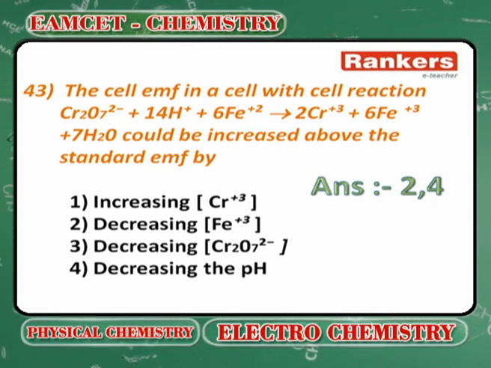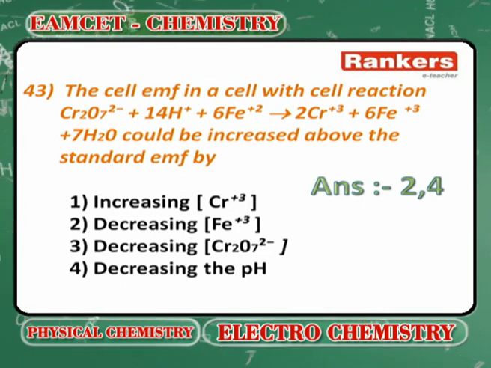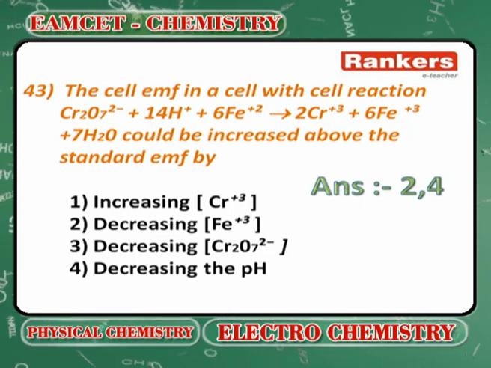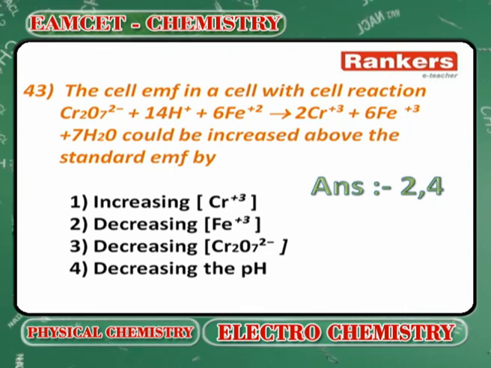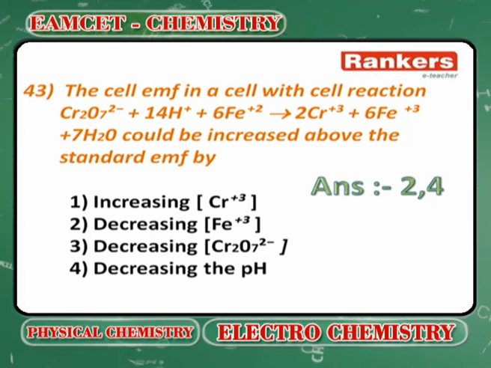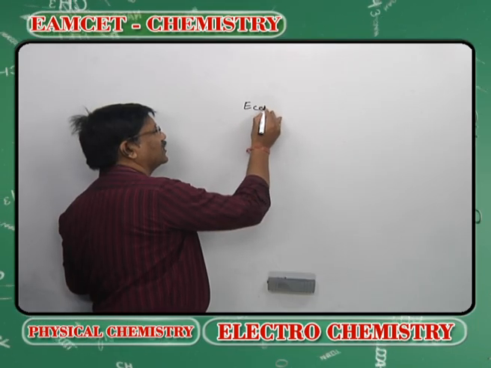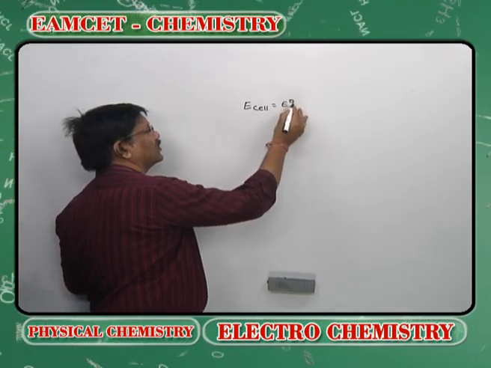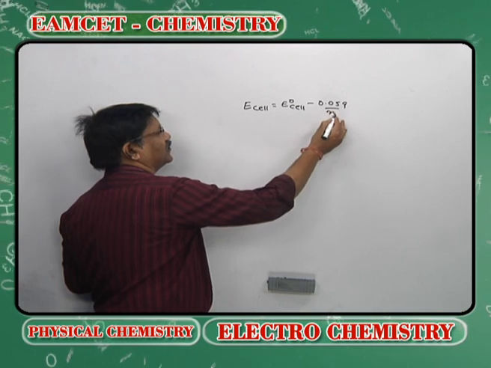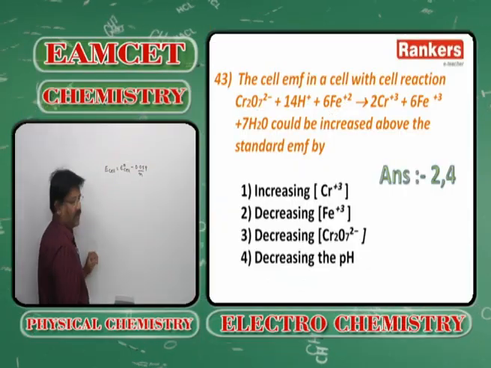In this case, there can be more than one correct option. What is the cell EMF in which the cell reaction of Cr2O7 2- can be increased? Now coming to the reaction coefficient. How do you write EMF for the cell? E cell is equal to E naught of the cell minus 0.059 by n, and what will be the log?